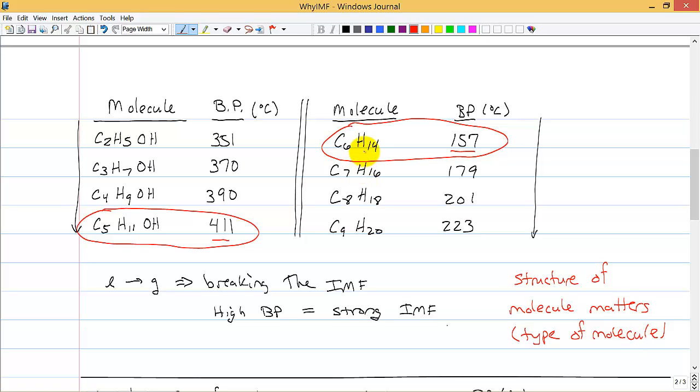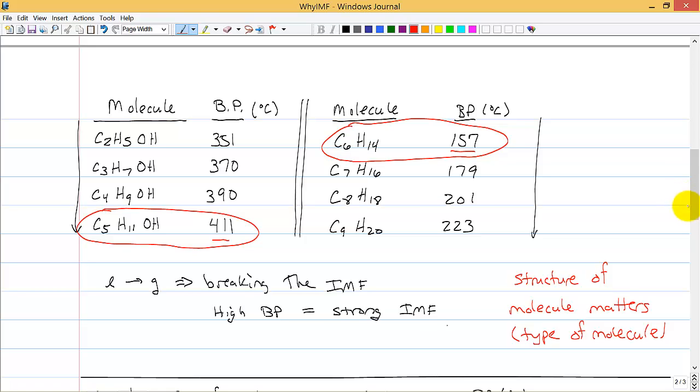And then we've got the other column over here, on the right-hand side, I'm sorry, and that is a bunch of alkanes. So the question is: is this always true, this idea that the type of molecule matters, and maybe we can predict what properties the alcohols have that make them have stronger intermolecular forces than, say, the alkanes.